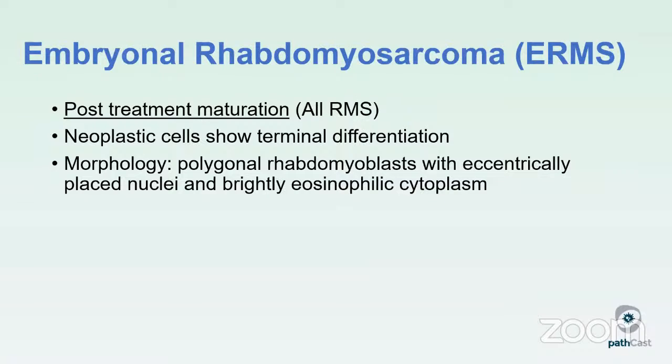Another important thing in embryonal rhabdomyosarcoma, which in many ways applies to all rhabdomyosarcomas, is the effect of chemotherapy on the tumor morphology. Neoplastic cells show terminal differentiation after receiving chemotherapy.